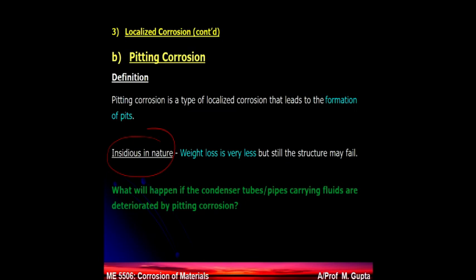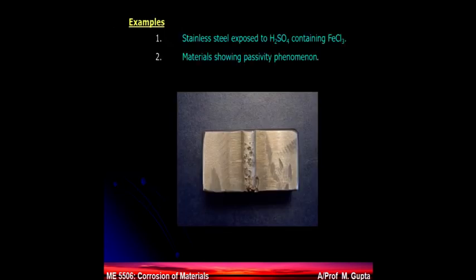So if the material is susceptible to pitting corrosion, we have to ensure that we take proper preventive measures. So a typical combination which leads to pitting corrosion is stainless steel. Always remember, iron based materials including stainless steel are the most commonly used materials in many applications.